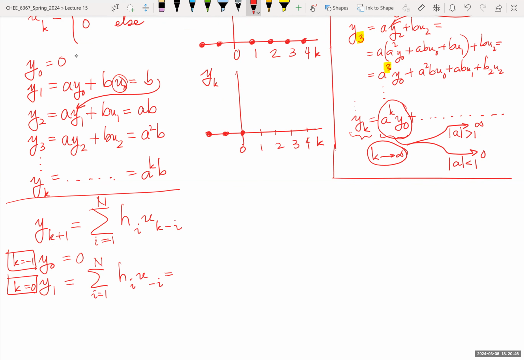So which ones are they? For i equals 1, I get h1 u minus 1 plus h2. Tell me this.